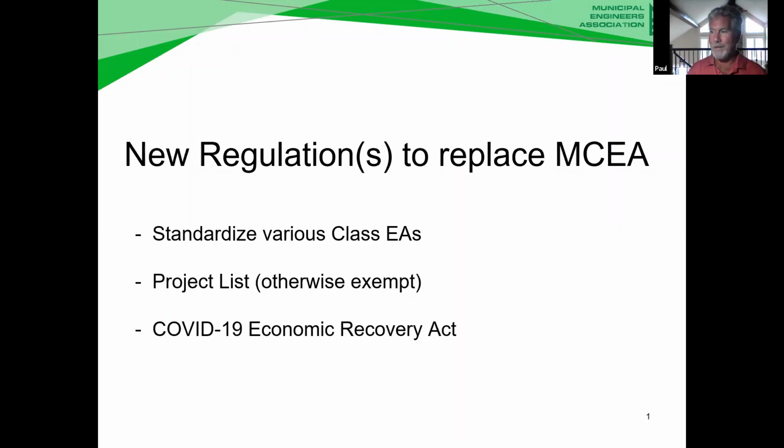There's a number of ways to get out of that. There's exemptions, there's declaration orders, and one of the ways to get out of doing the comprehensive is to have the project identified in a Class EA. They want to turn that all around and say only the projects on this list will be subject to an EA process.